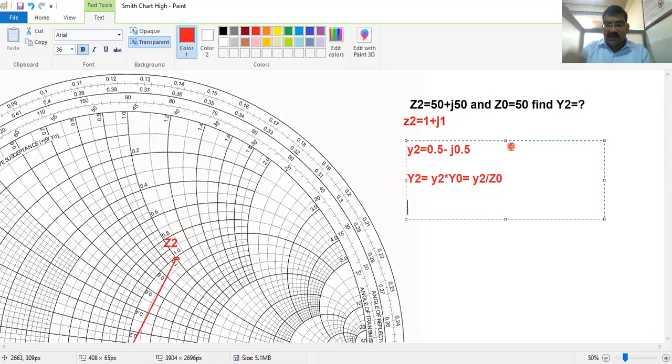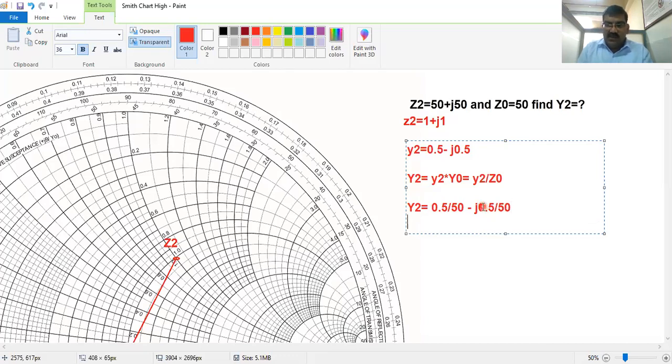Z0 value is there with me. So my capital Y2 equals how much? That is 0.5 divided by 50, and it is minus again 0.5. Now it is j. So it is j 0.5 divided by 50.